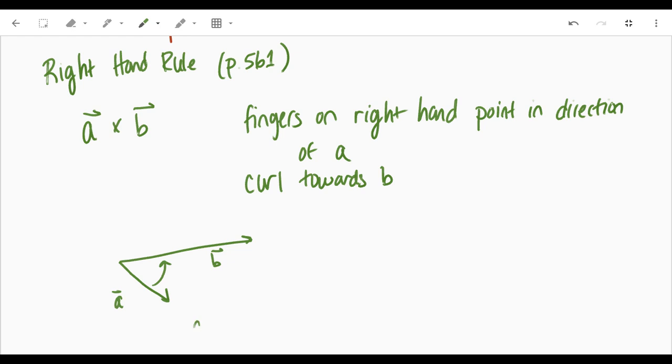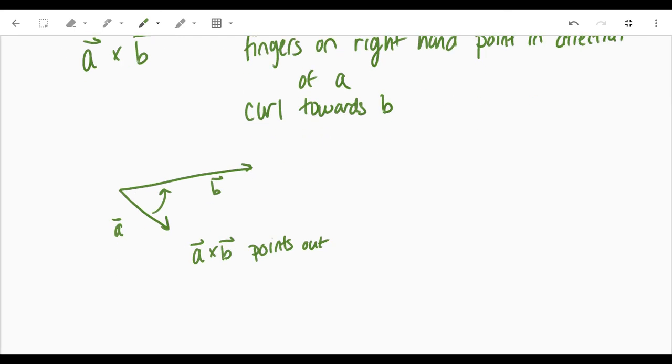So that would mean that A cross B points out. So I would have the vector that's orthogonal to A and B and is pointing out.